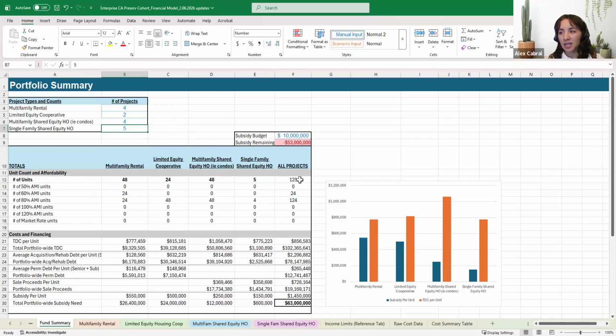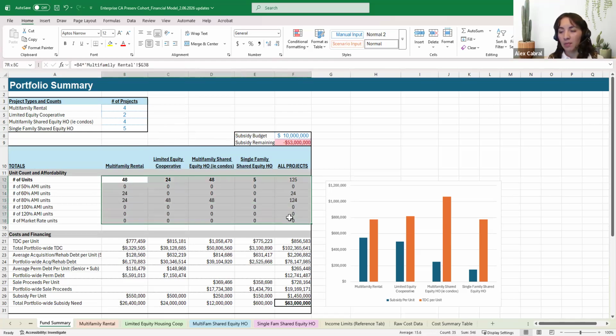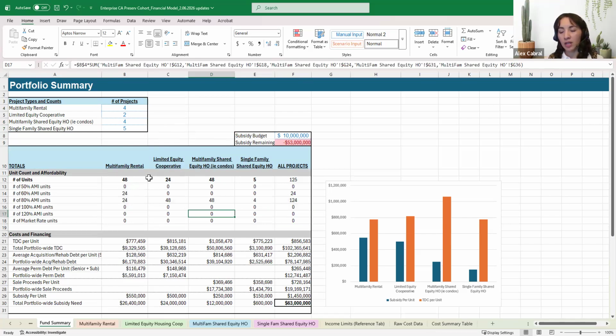And as I change these, I don't know if you saw that, but pay attention to this number here, right? Initially I had 121 units. And when I change it to 5, it changes to 125 units. So this is adding up all of our units across all projects.